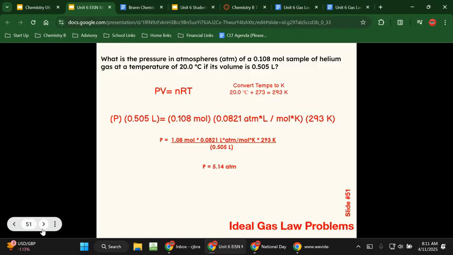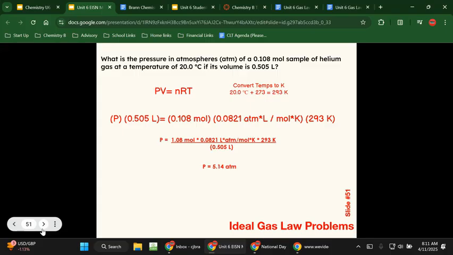Standard conditions never change. Standard condition is always standard pressure, standard temperature. Standard temperature is always 273. Standard volume is always 22.4 liters. Standard number of moles is always 1. Those give us the R value.